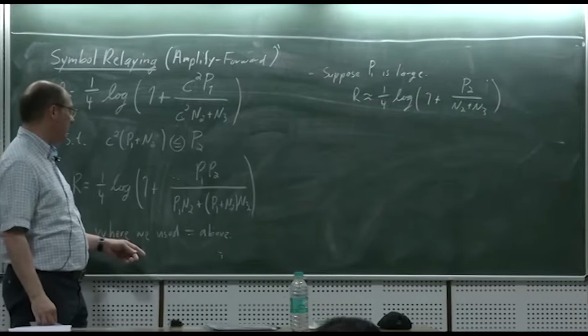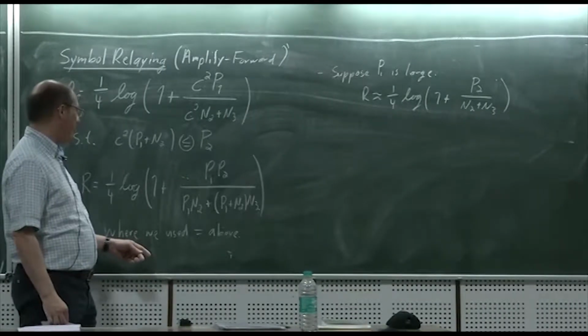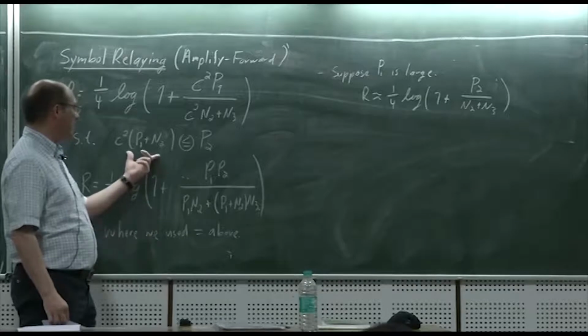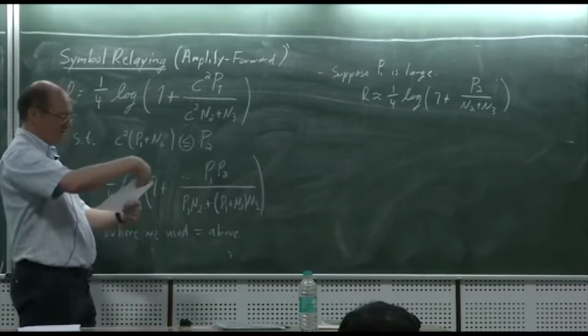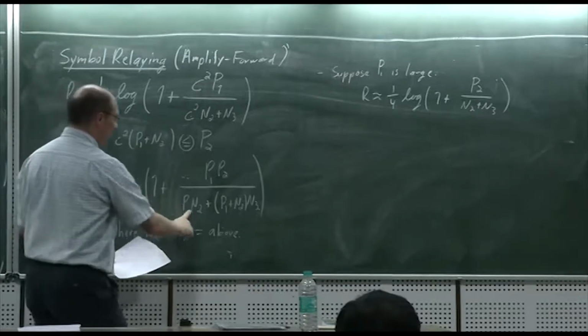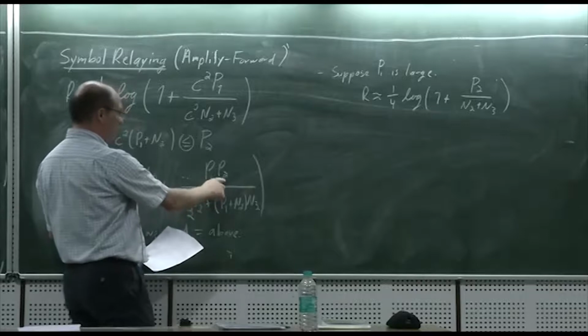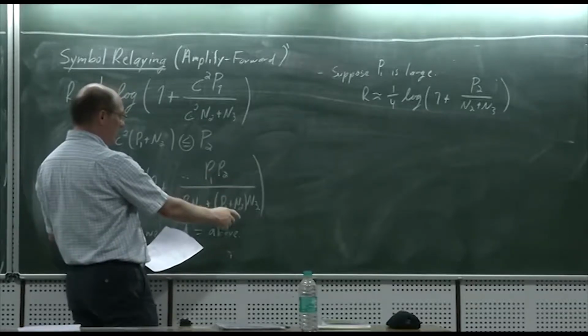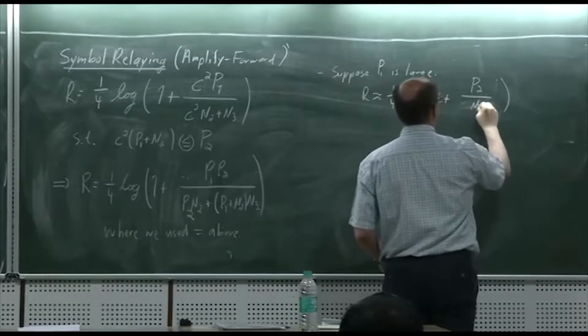Well, if P2 is large, we should still be limited by P1. Is there a P2 missing in here? Oh, this should have been P2. That makes sense. So if P1 is large, we get P2 over N3, which makes sense.